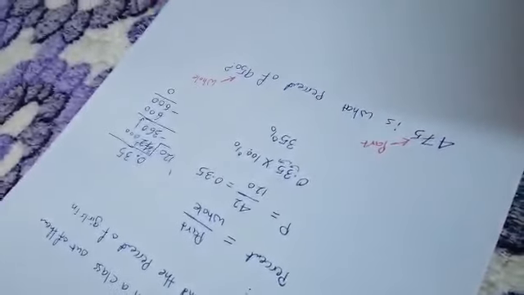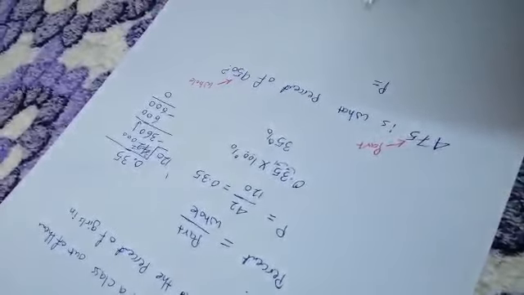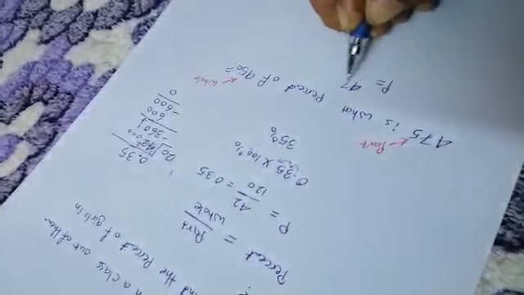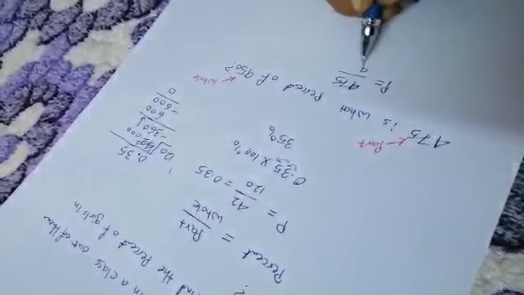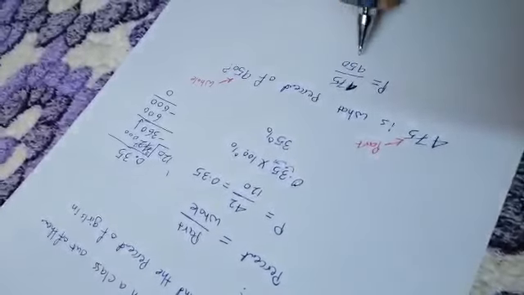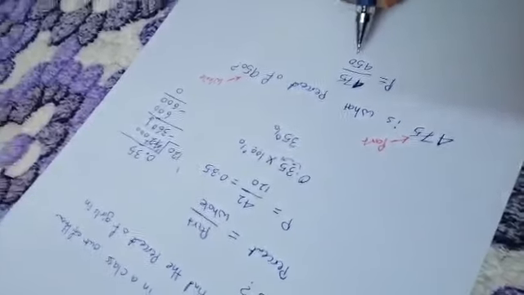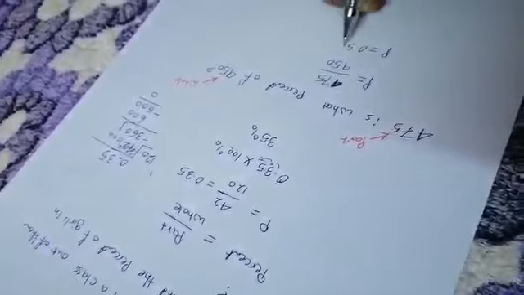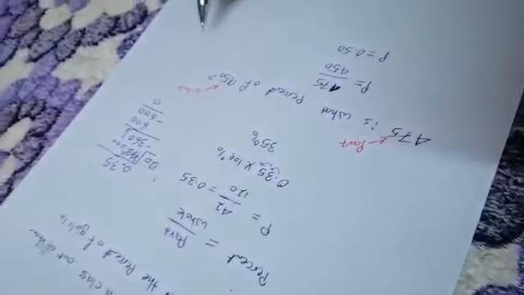Okay, then to find the percent we said P equals 475 divided by 950. Now 475 is half of 950, then the answer P equals 0.50.